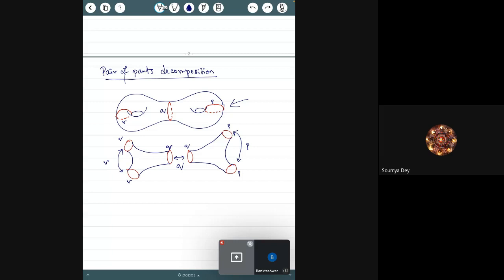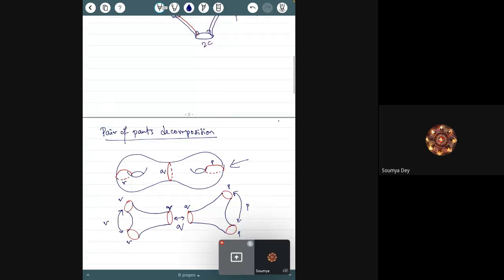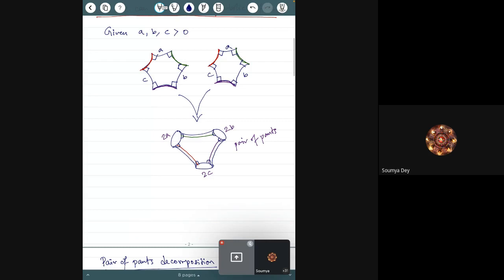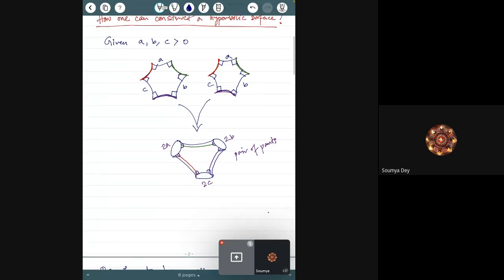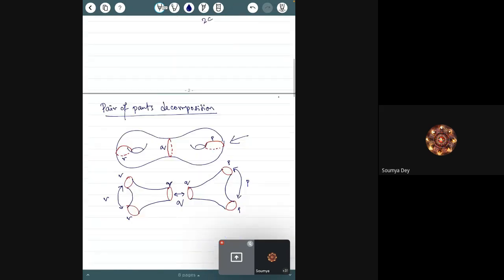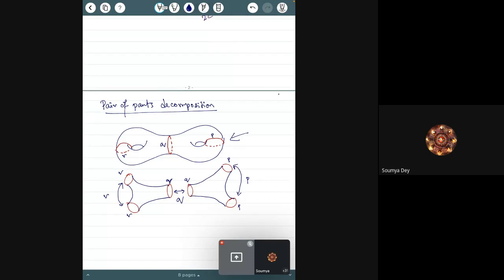Maybe for example, here in this example, these lengths P, Q, and R, as I said, these are in our hands, right? So if you choose some different positive real numbers, and you do this previous construction, instead of A, B, C, say 2, 3, 4, you choose 4, 5, 6, and you do the same construction, you will get two different non-isometric hyperbolic structures, because the lengths of these curves will be different.